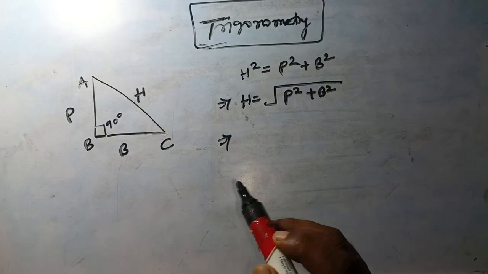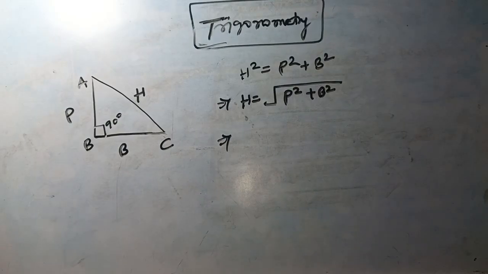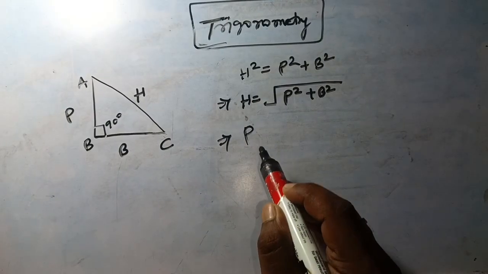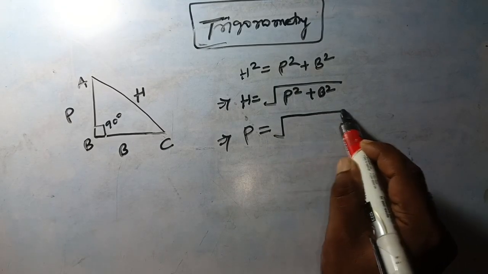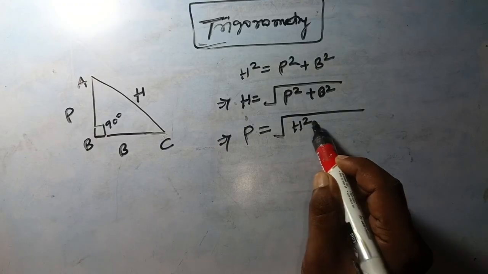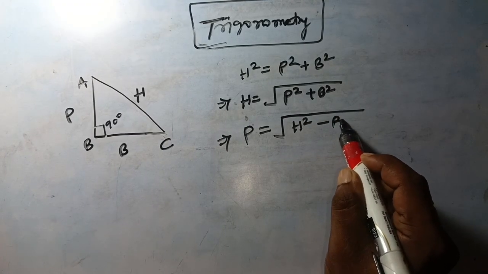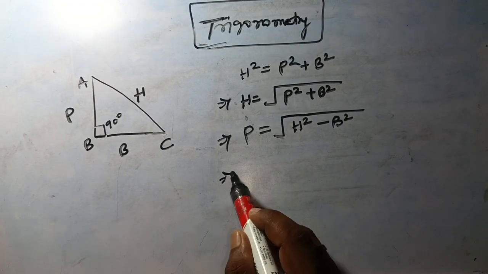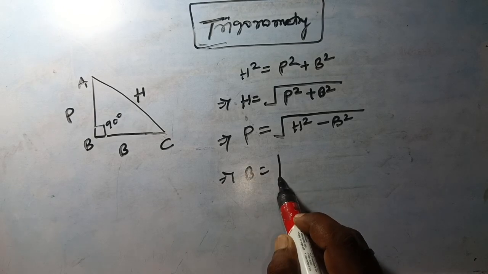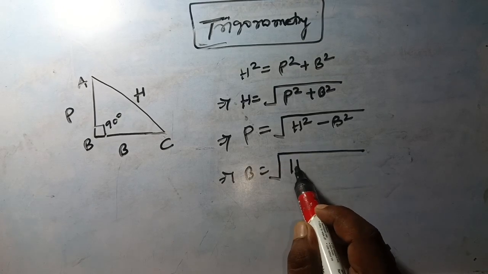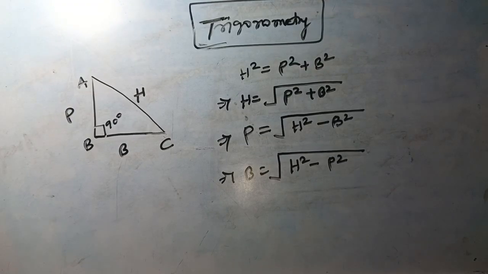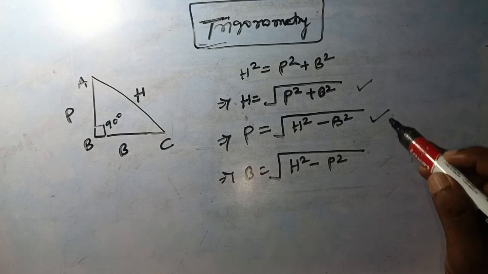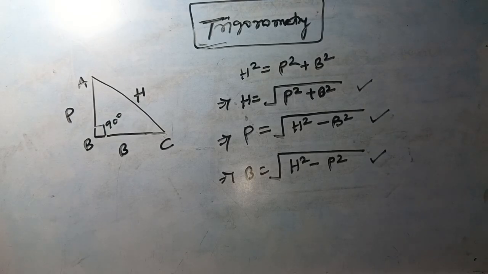We can also calculate perpendicular and base. For perpendicular we will use hypotenuse square minus base square, and for base we will consider hypotenuse square minus perpendicular square. So this is the basic formula to calculate hypotenuse, perpendicular and base.